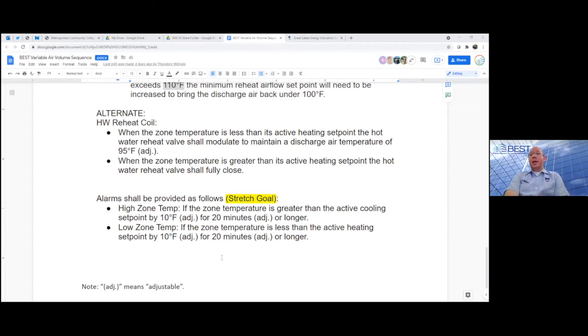We have this set as a stretch goal because it's actually a fairly simple thing to set up. But depending on what type of system you're working with and what the programmer chooses, this type of thinking can live either at the VAV box level at your zone control, or anywhere above that. There are systems where we don't even think about this type of alarming until we're at the building controller level. So it's very dependent on user taste and system capability.